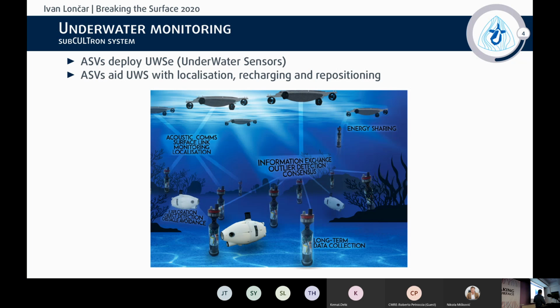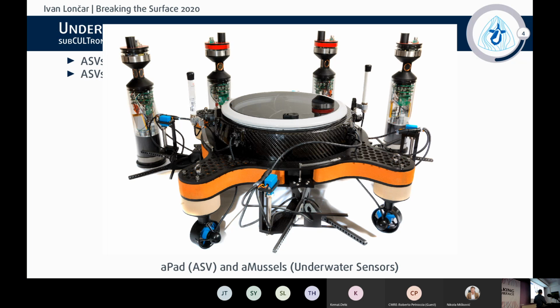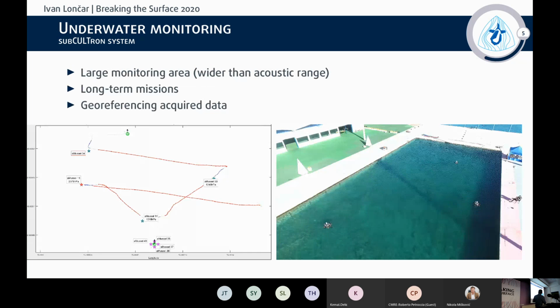But basically, I want to use surface vehicles and underwater sensors, aMussels, for the monitoring. And so here they are, as you've seen them. Basically, you have a system which can relocate, recharge, and deploy aMussels, and we want to use them for underwater monitoring, and we want to cover an area wider than the acoustic range, and of course achieve long-term missions.